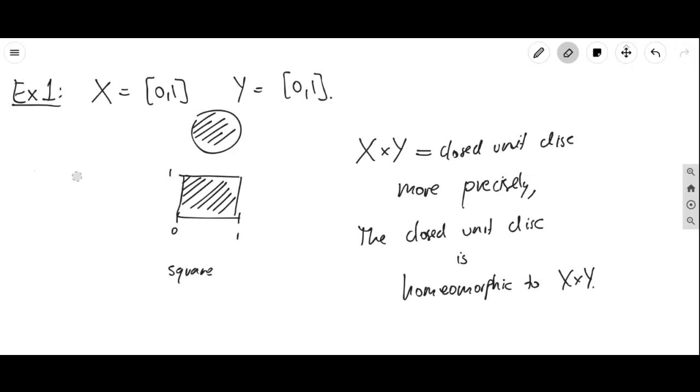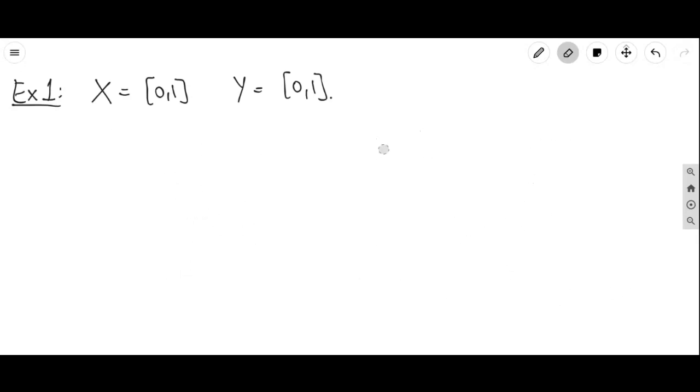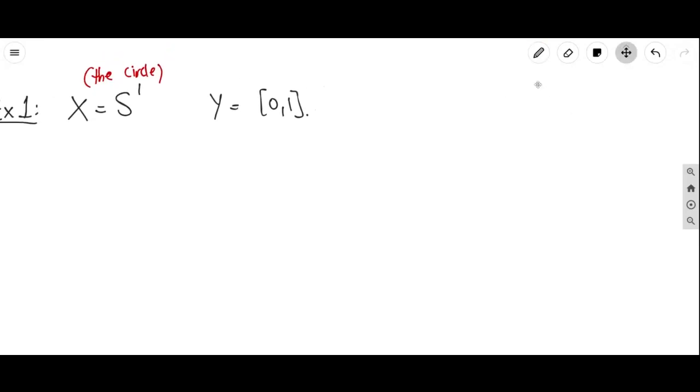So we have this. Now, let's change this up a little bit. Let's say X is S1. Now, this is the circle. How do you describe the circle? So here's one way to describe S1.